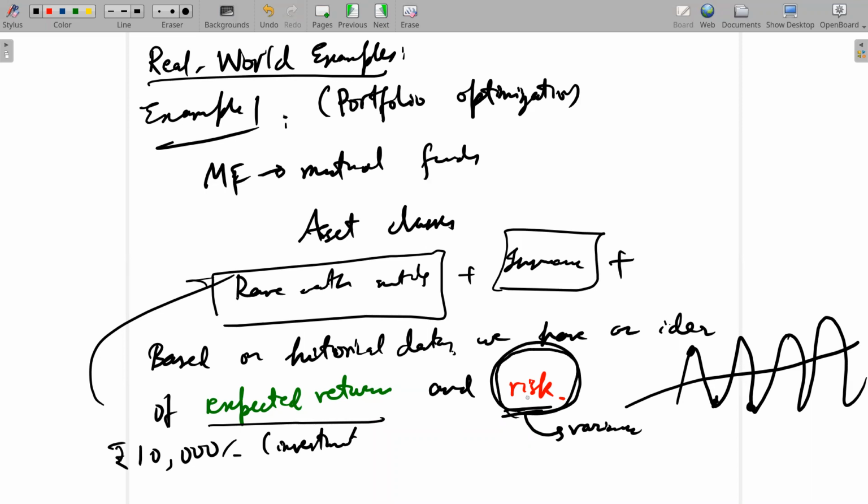What you want to say is, I want to manage my risk. I want to set an upper bound on that risk. So perhaps you'll have W1 plus ... plus WN, so maybe N asset classes, is 10,000. And then you have expected return, W1 R1 and so on. So maximize this. The constraint is W1 squared sigma 1, let's say the variance for each of these asset classes, something like that.